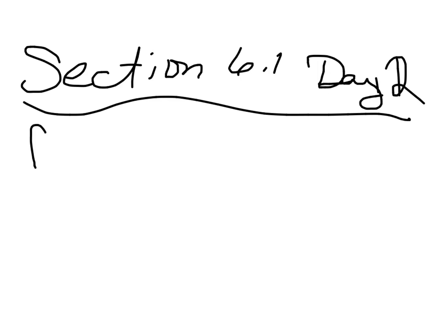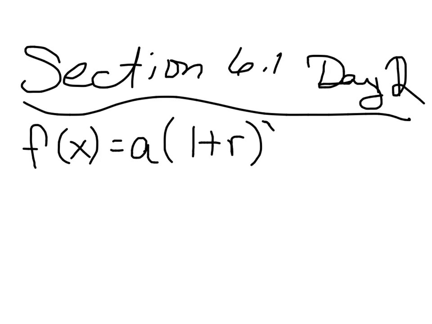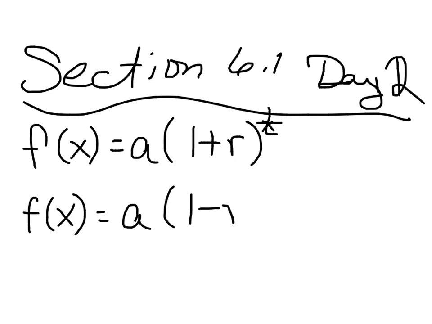The growth model, remember, was f of x equals a(1 plus r)^x, or t I think we used yesterday, right? And then f of x equals a(1 minus r)^t. Which one's growth?